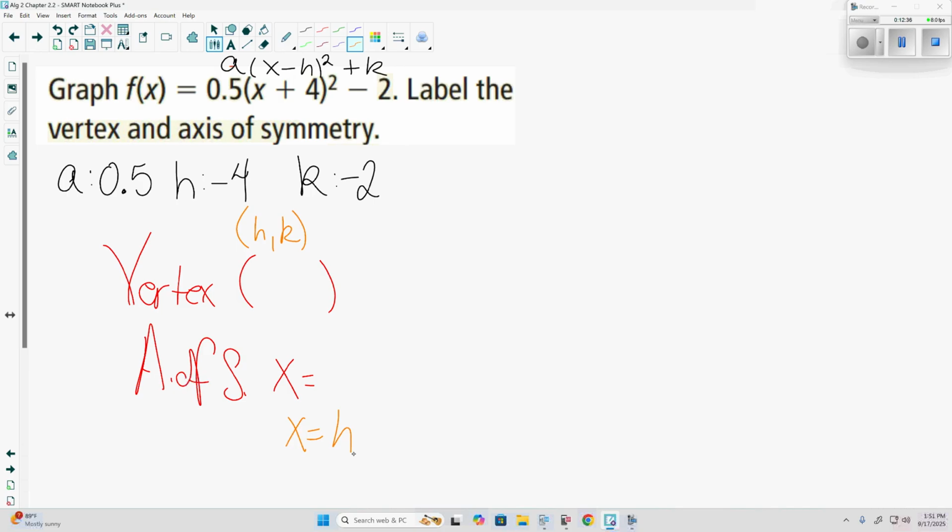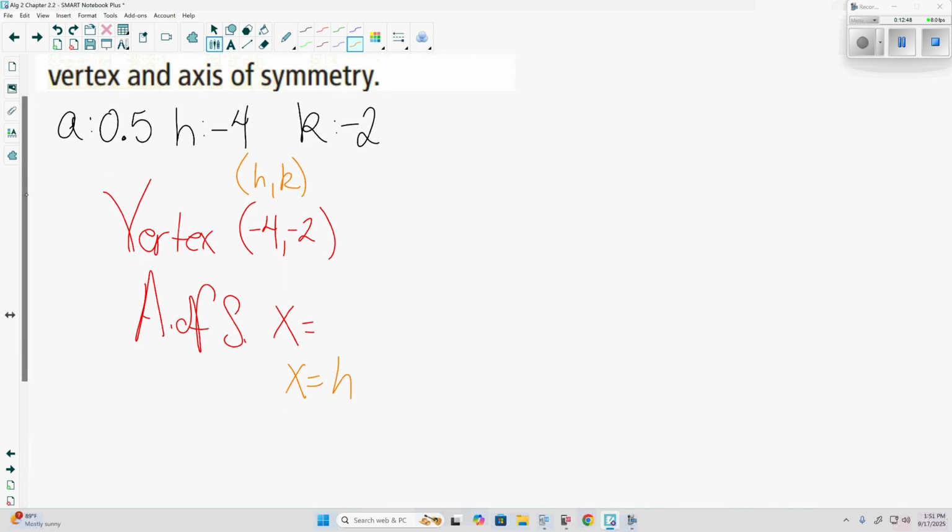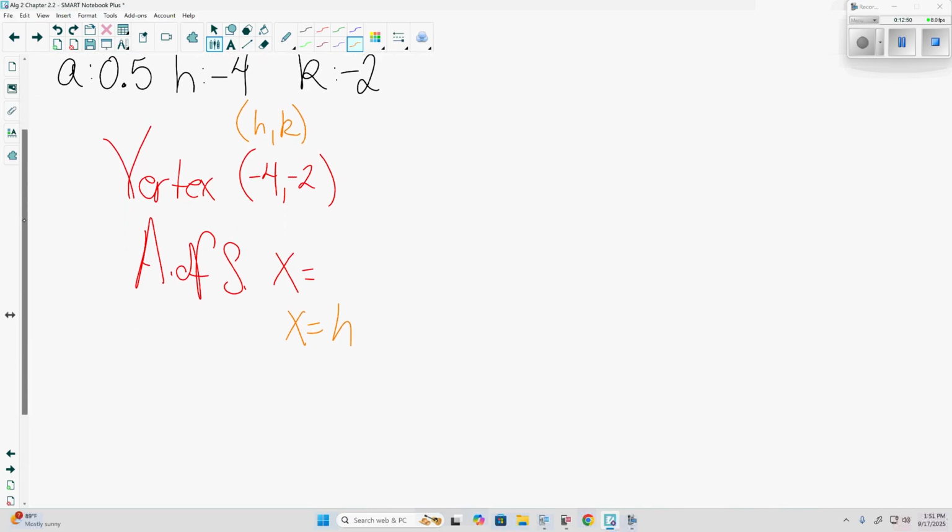So the vertex is the point (h, k). So our vertex here would be (-4, -2). h is -4, k is -2. We replace h with its value, k with its value.